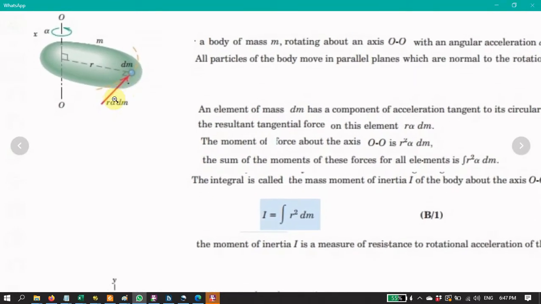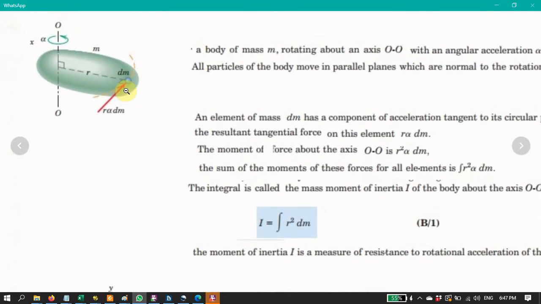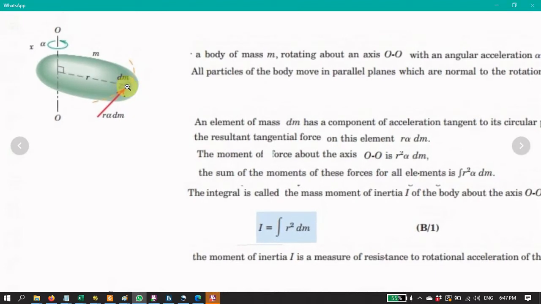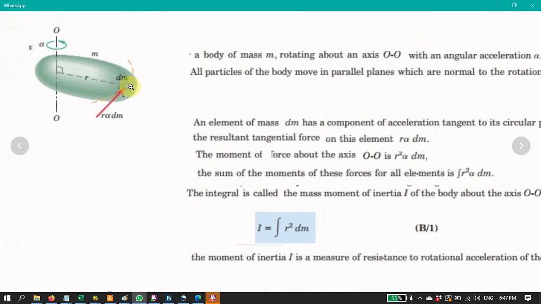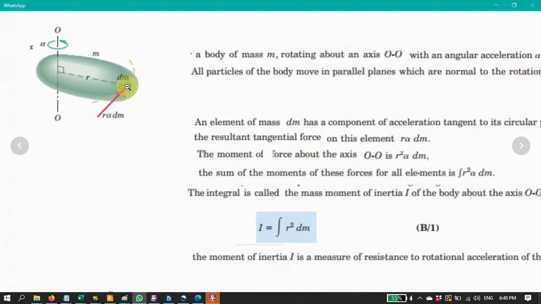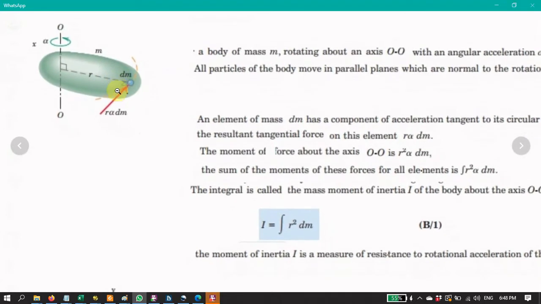We can accept this because you look at the kinematics of the particle, so you have r alpha. The other component is plus 2 times r dot theta dot. But since it is a rigid body, the element does not move inside the body, and there is no deformation.